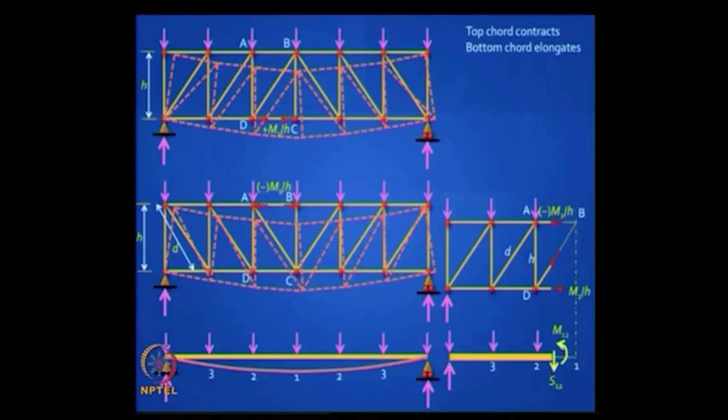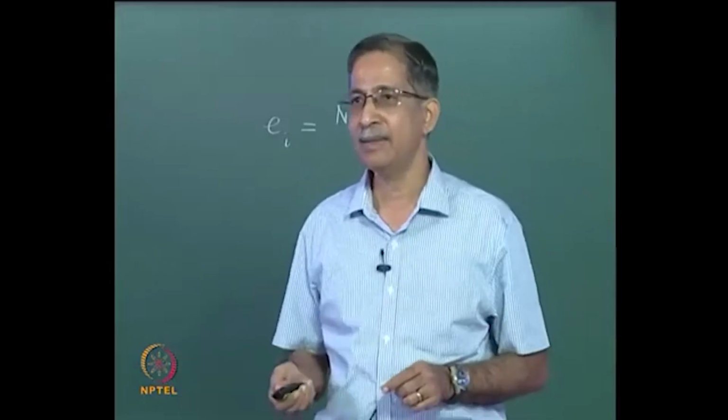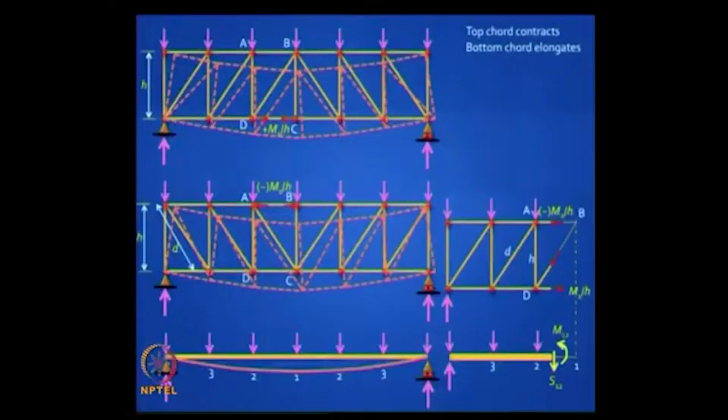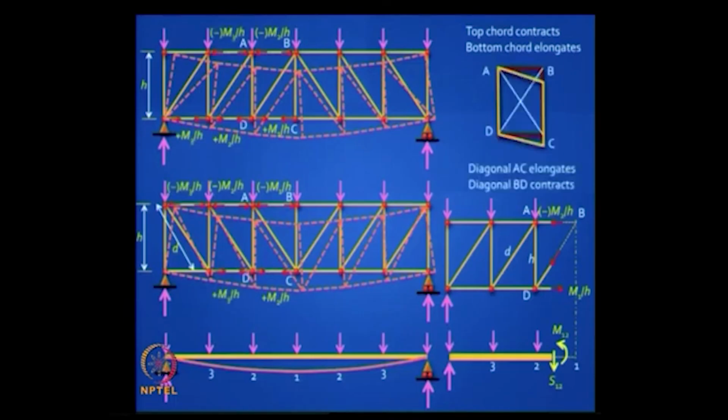So there is a quick way, and those are the maximum values of forces in that truss. If you had to design a truss quickly, you can do it very fast. Find out the equivalent bending moment in a beam, divide by the height. This is how you can work through the different axial forces in the top chord and bottom chord.